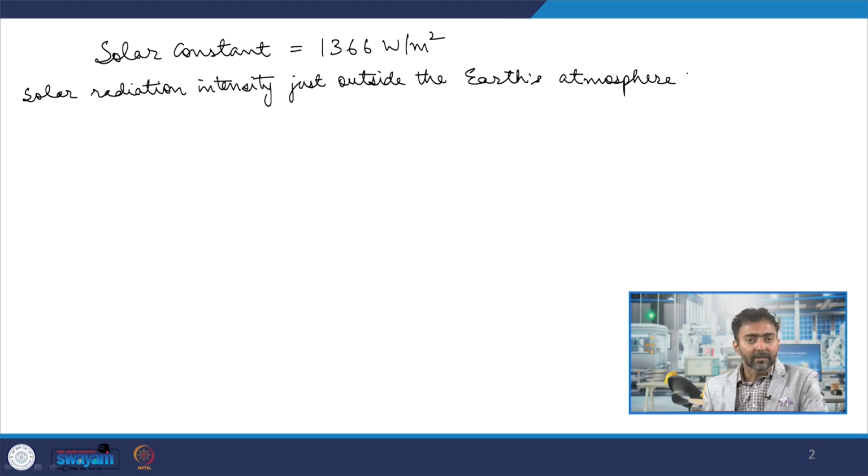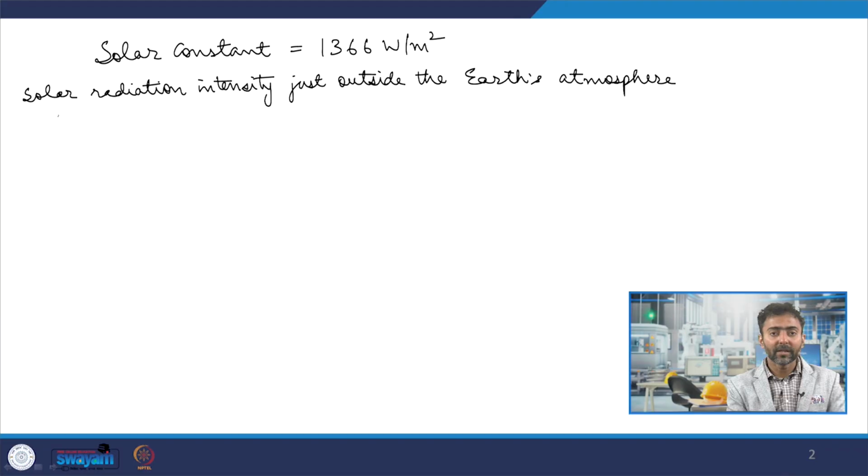So, why is this known as solar constant? Because this value remains more or less constant across the year. Because as we understand, in the space between the sun and the earth, there are no atmospheric particles, it is just complete vacuum. So, there is nothing which attenuates or absorbs or reflects or changes the quantum of solar radiation in that particular intervening space.